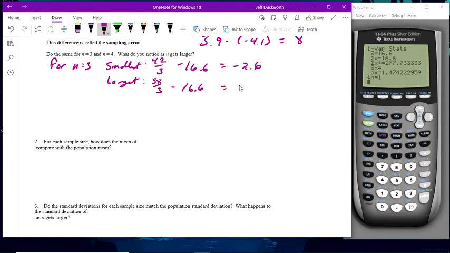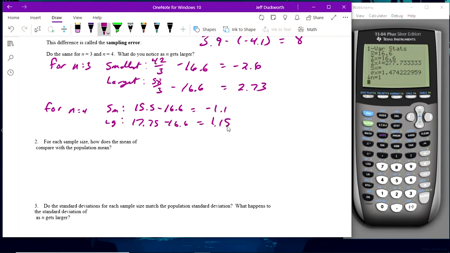And then it comes out to 2.73. And then for n equals 4, small and large, the small value was 15.5. And the difference between that and the mean was negative 1.1. That's closer to 0. And then above, 17.75 minus 16.6 is 1.15.